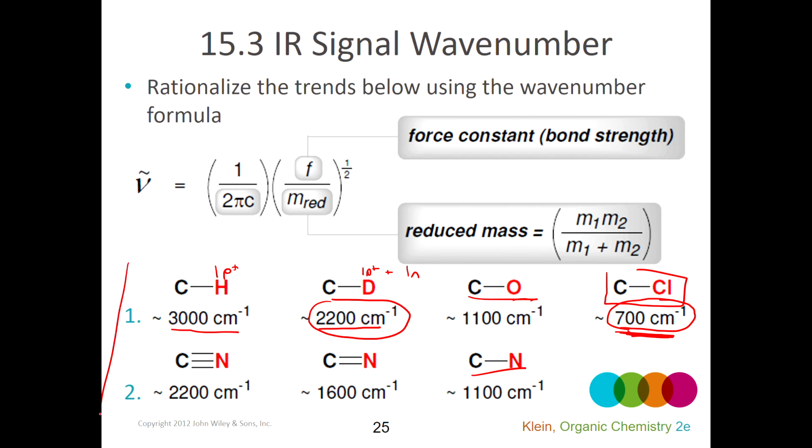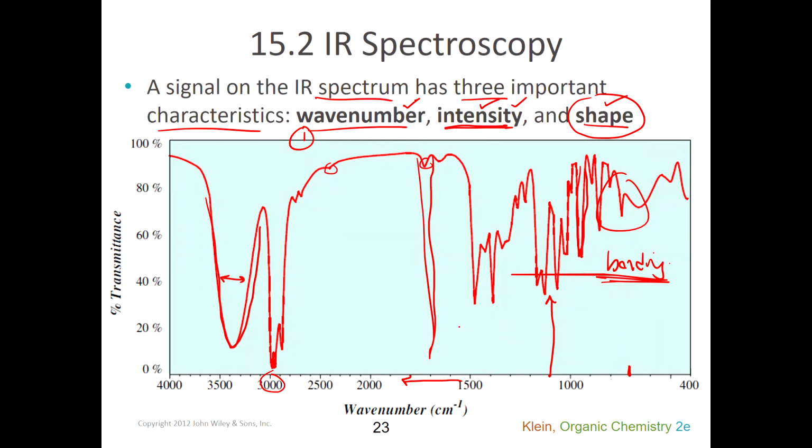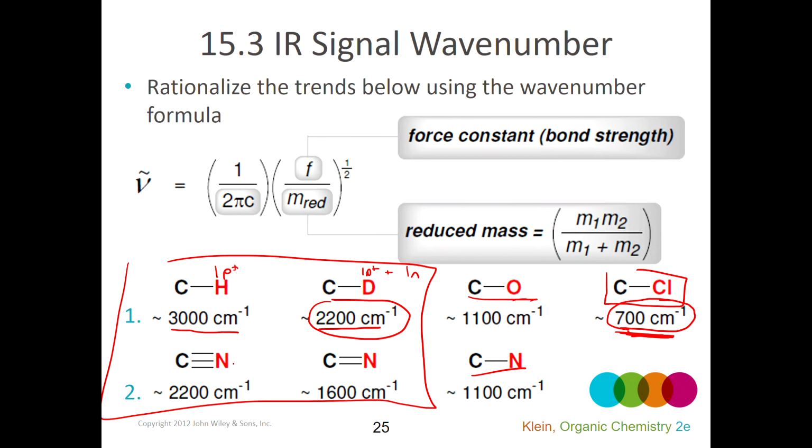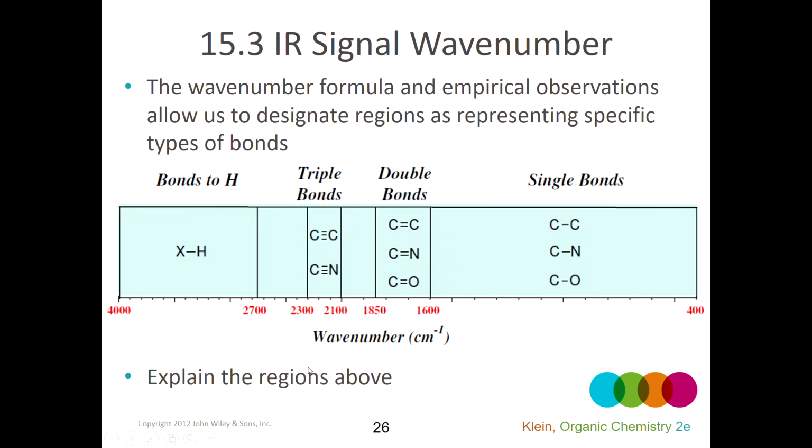But any of these signals that are above 1500, when I look at a spectrum above 1500, there's usually nothing here, unless the molecule has these specific types of bonds. And when we see a peak in a specific area, that can give us some pretty definitive information that our molecule has specific types of bonds present. Right, so that's the idea here.